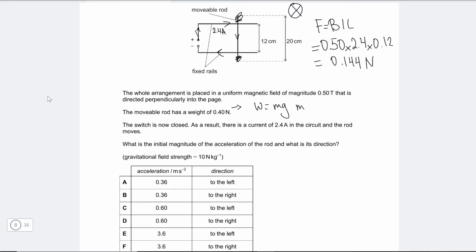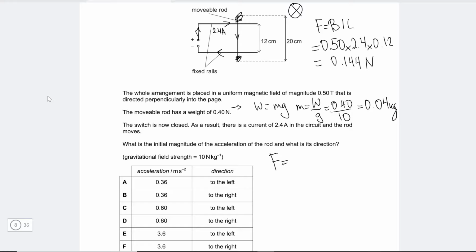So the mass will just be the weight divided by g, so it's going to be 0.40 divided by 10, like so. So it's going to be 0.04 kilograms. Okay, well, let's work out our acceleration, assuming that's the only force that's acting on the rod.